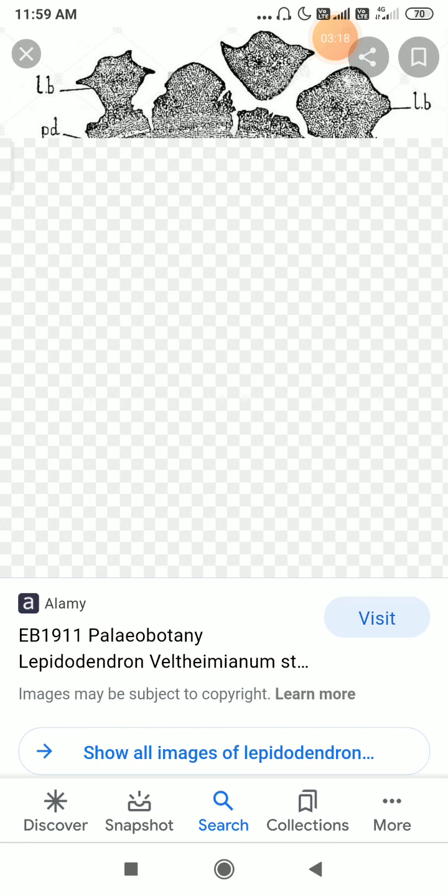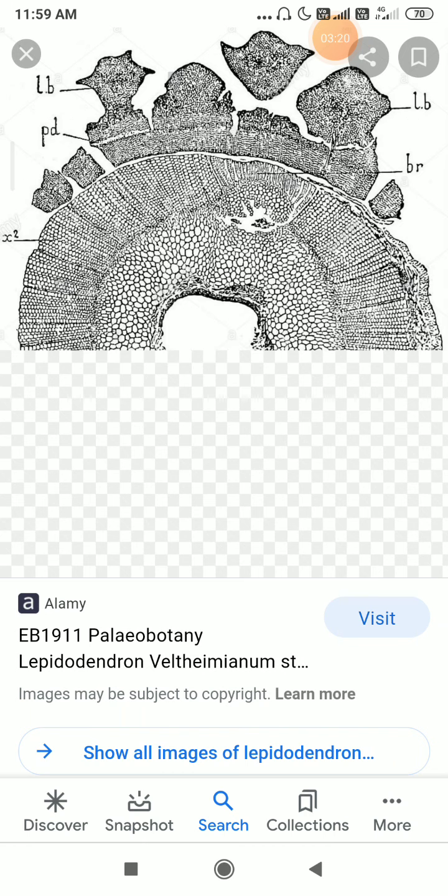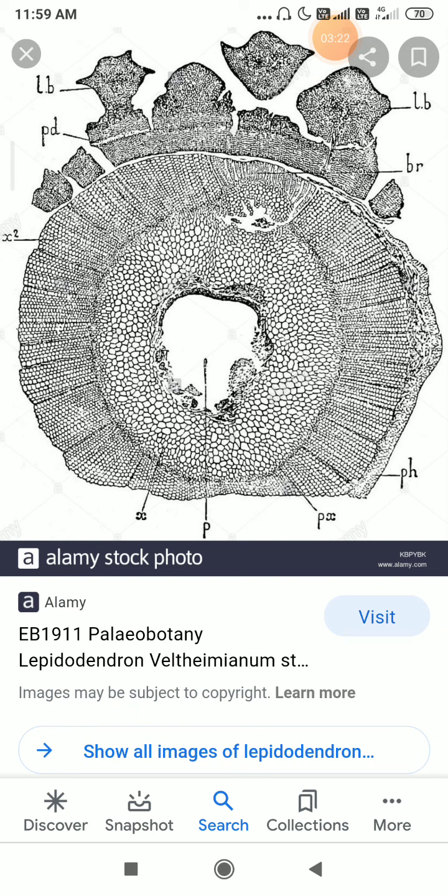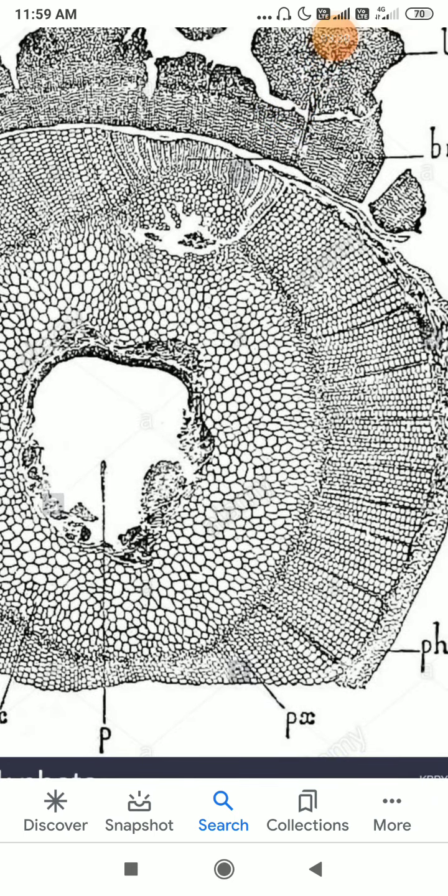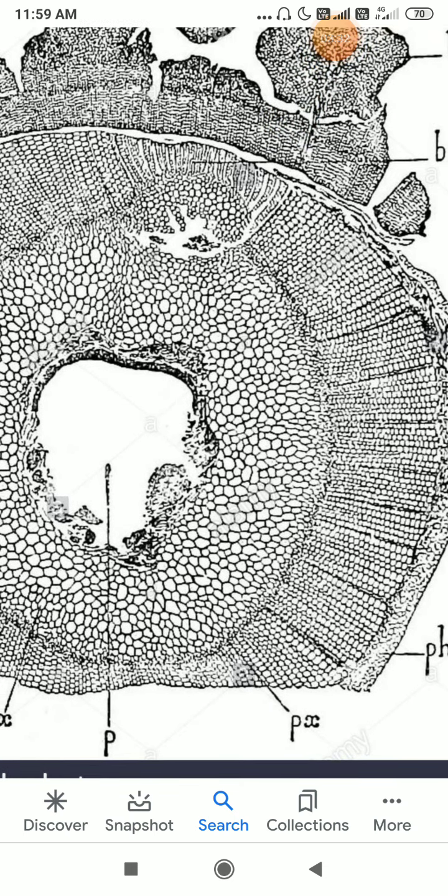The complete TS of the stem structure shows the cortex, the inner cortex, and the secretory region. The inner cortex is homogeneous in nature and usually made up of parenchyma, and it consists of the leaf traces.